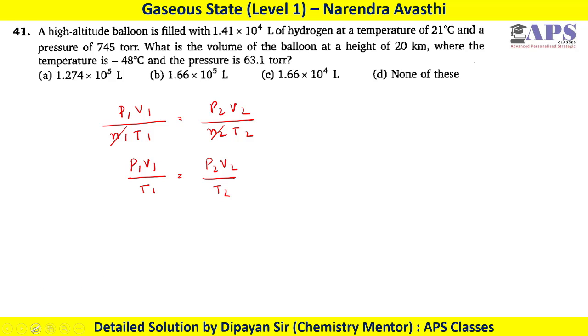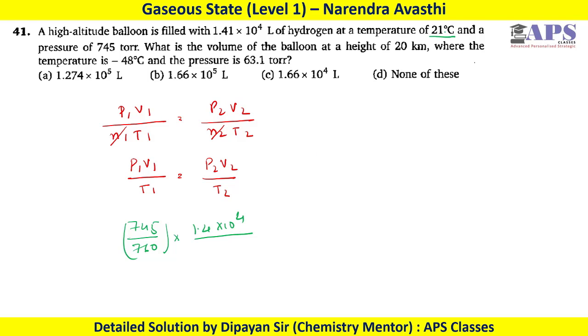Now according to the problem we can write 745 divided by 760 to convert to atm, volume is 1.41 × 10^4 liter divided by T1.